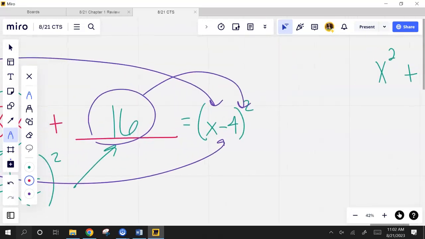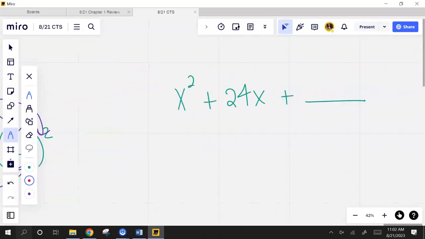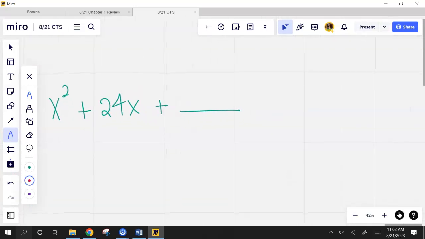Same way we did here with the parentheses and squares. When you divide it by 2, that's exactly right.